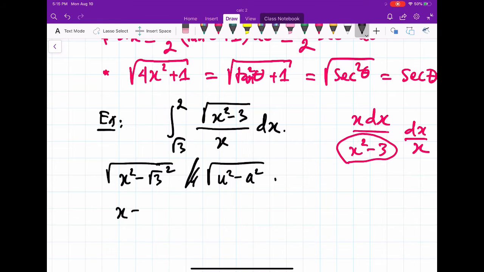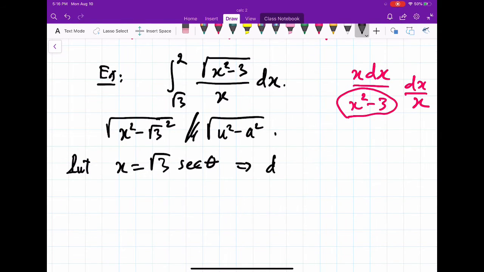We put x equal to square root of 3 secant theta. Again, when I do substitution in definite integrals, I don't want to change the integration limits, so I just try to find the antiderivative of the function, and then we will plug numbers into the formula at the end. Okay, so try to do that.